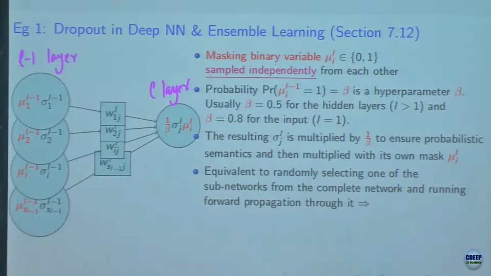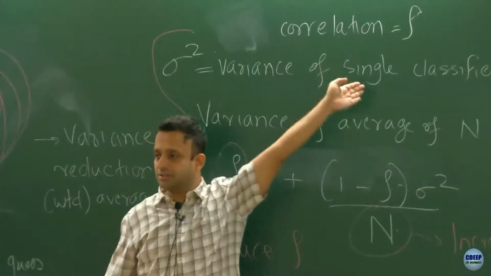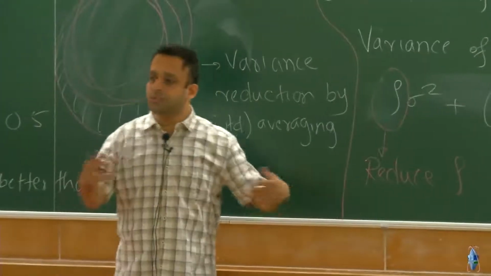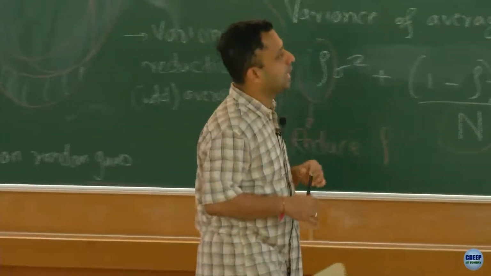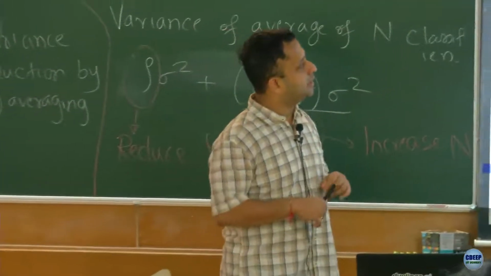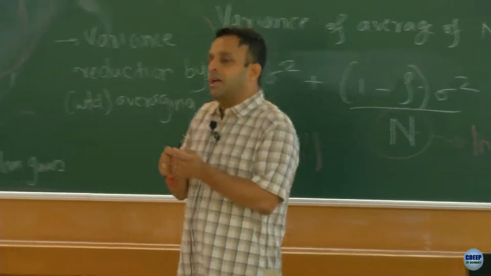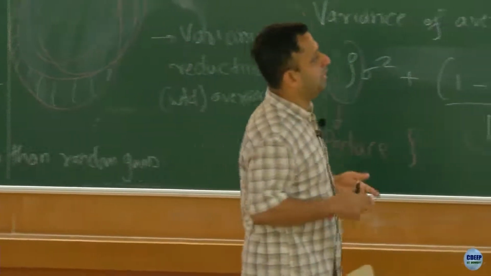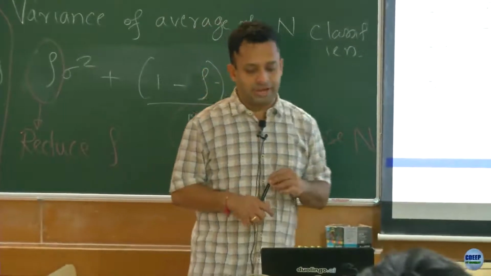Same idea, this independence that we want, we want to reduce correlation. So to do that, sample the mu's independent of each other, and there is a hyperparameter by which you decide with what probability the mask should be 1. So the probability that mu is 1 equals beta, a hyperparameter.